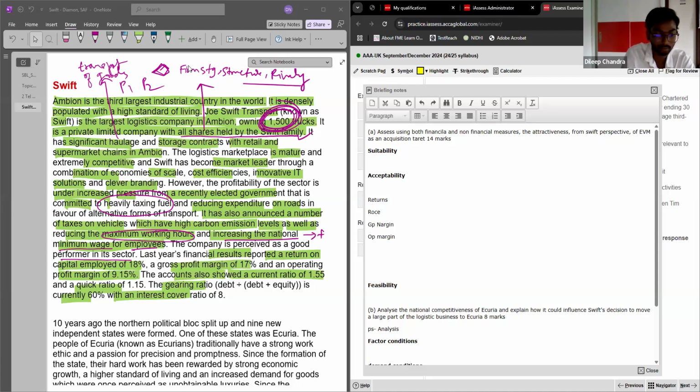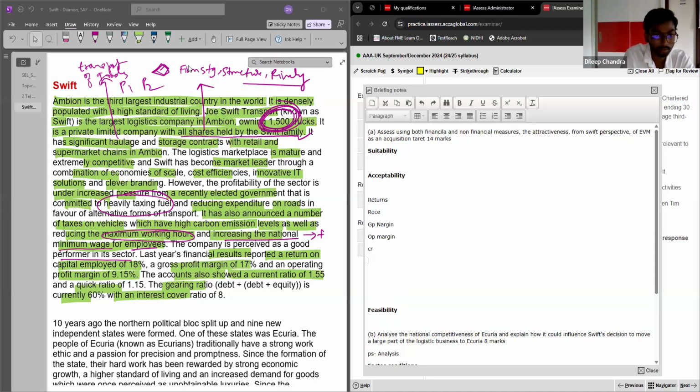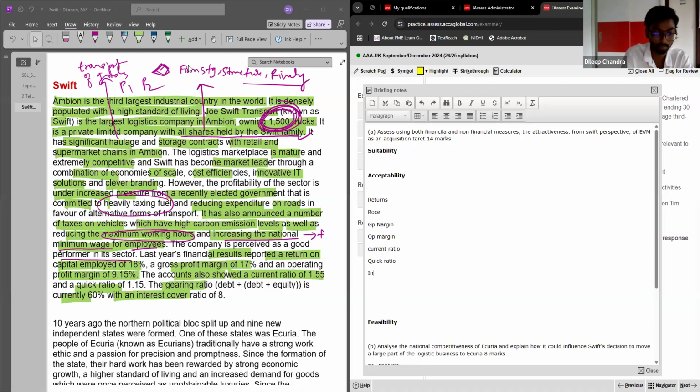There is current ratio, there is quick ratio, and finally interest cover ratio also. Oh my God, interest cover as well. In returns, I'll have to talk about all these things.